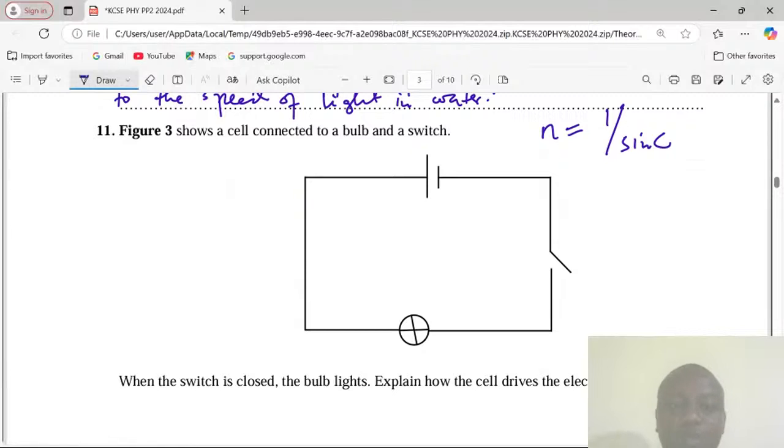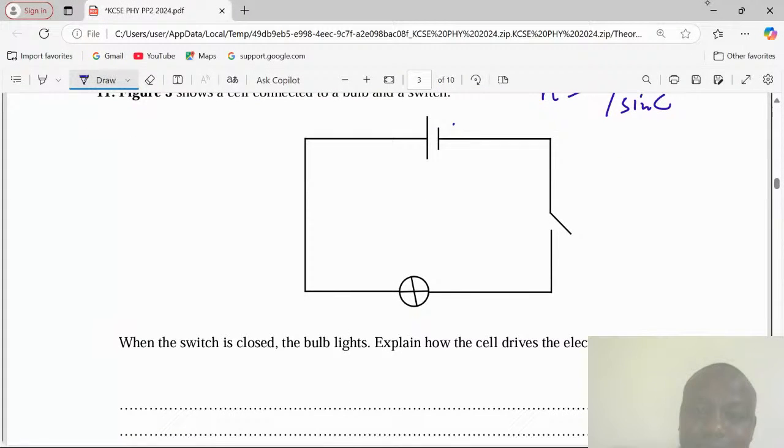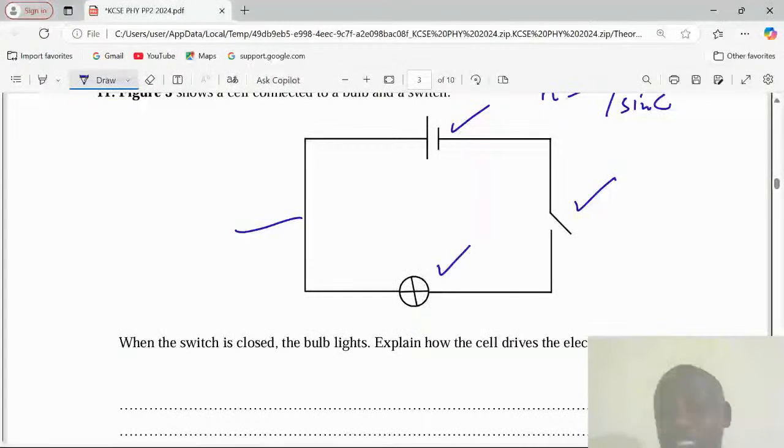Figure 3 shows a cell connected to a bulb and a switch, with connecting wires. You should be in a position to label every component in a circuit diagram. When the switch is closed, the bulb lights. Explain: the cell drives the electrons in the circuit.